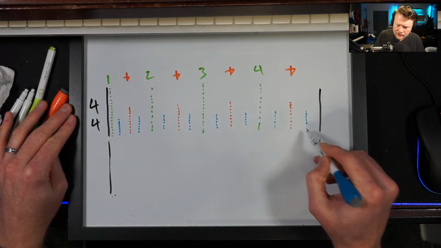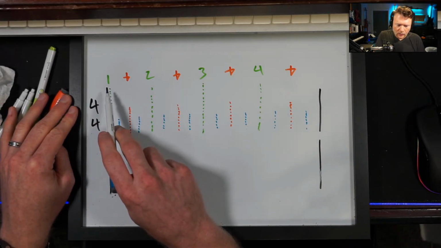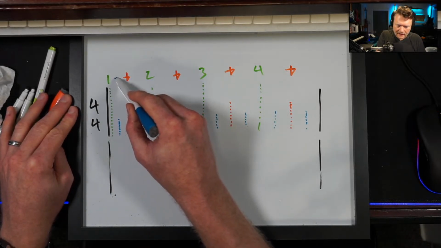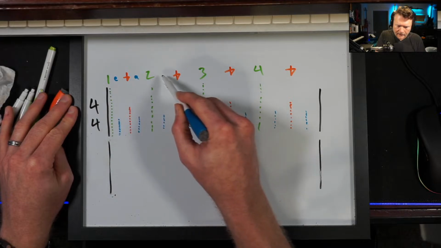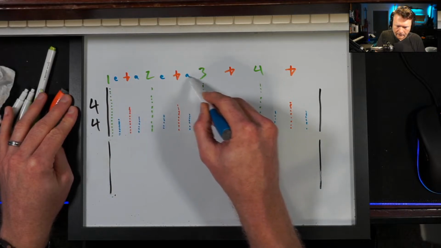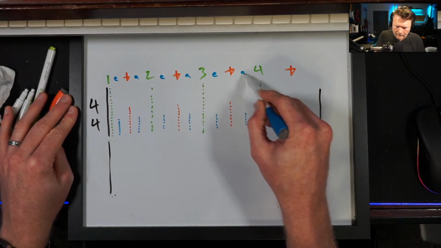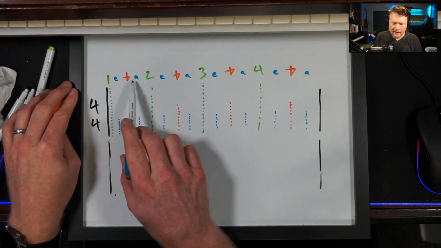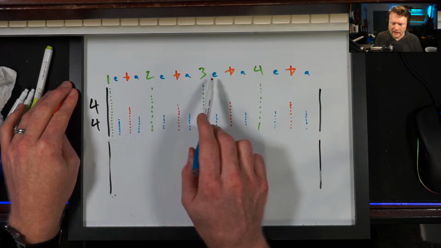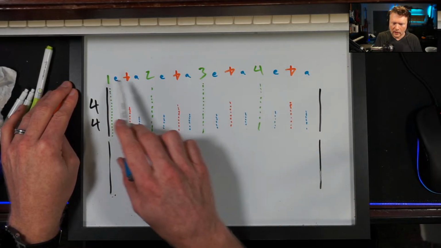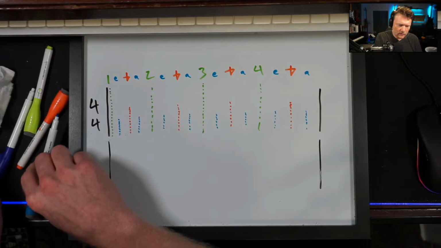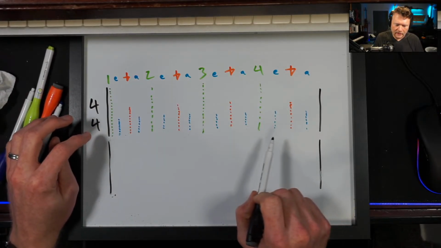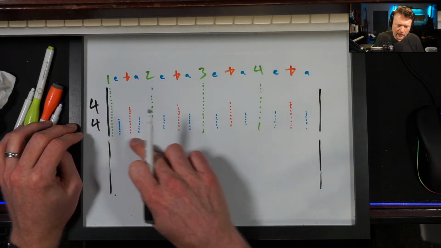Okay, so here we have not just 1 and 2 and, we have these in between here, and we're going to call these the E and the a. So we have 1 e and a 2 e and a 3 e and a 4 e and a 1, like that. These are the subdivisions, the way that your brain might count them.